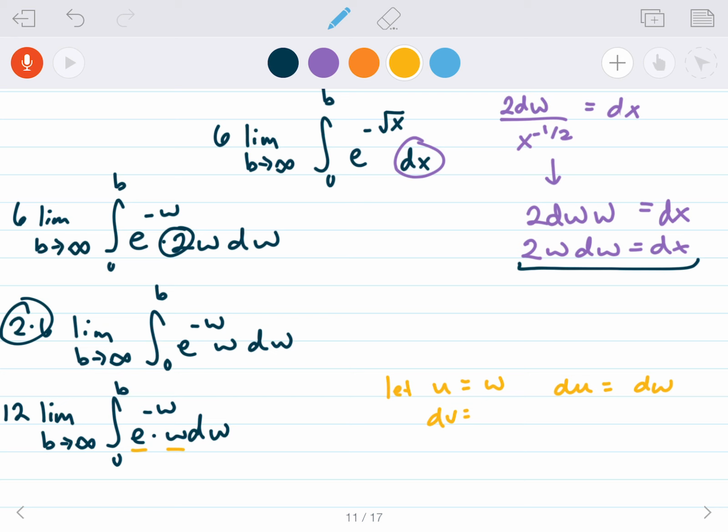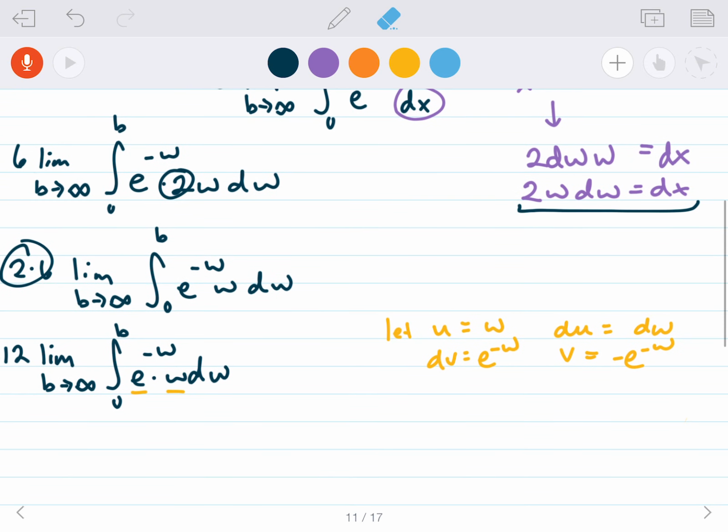So dv is equal to e to the negative w, and if I integrate that, I get negative e to the negative w, since taking the derivative of this gives exactly e to the negative w.